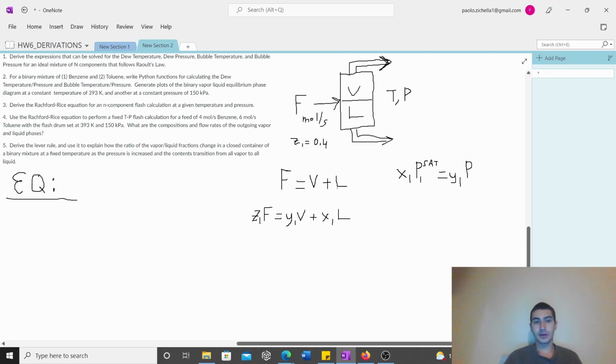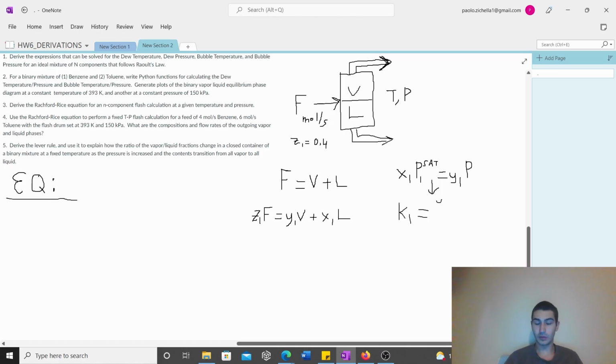Before we continue writing our equations, I want to create a new variable from this Raoult's law that we have over here. Let's call it Ki, and it's simply going to be the ratio between these two.